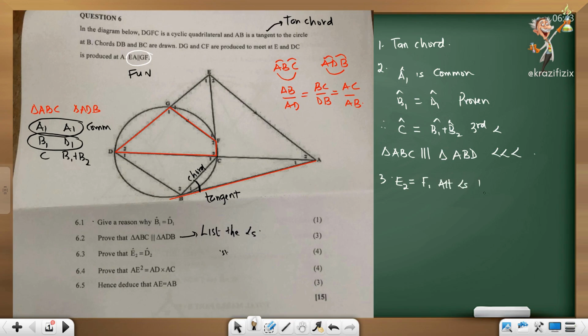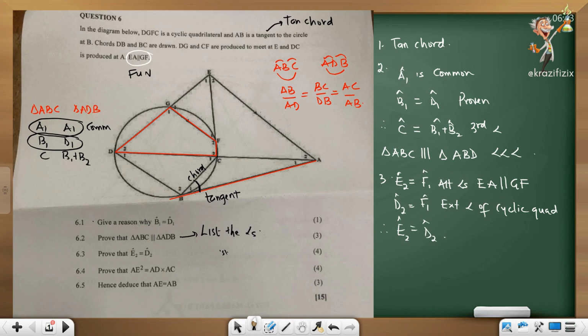Alternate what? Angles, because we are told that EA is parallel to GF. And I know that D2 angles is also equal to F1. Why? Exterior angle of a cyclic chord. Do you notice now that since both of them are equal to that, we can finally conclude that E2 is equal to D2.